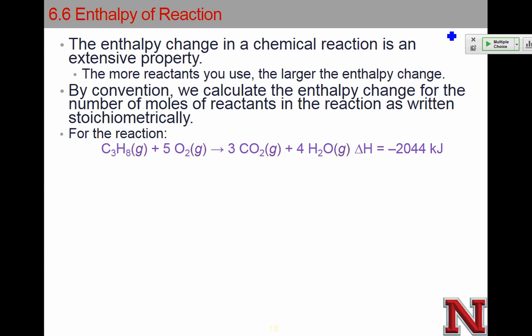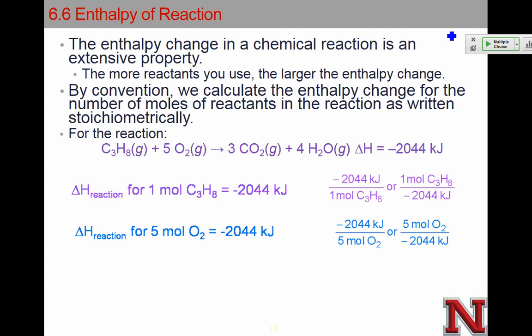But if I know my delta H of my reaction, I also know 1 mole of this forms that much in kilojoules. But 5 moles of this forms that much. I know that when 3 moles of CO2 is formed, this is how much heat is released. I know that when 4 moles of H2O is formed, this is how much heat is released. So if I know my chemical reaction and I know my delta H, I know a lot. And I can do a lot of calculations.